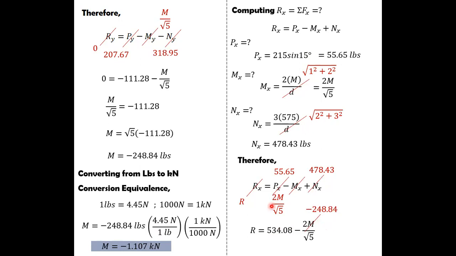So para maging consistent, this must be the value in terms of pounds. And then we will finally have the value of our resultant force, which is also in terms of pounds. Now, kung gusto nating itong i-convert sa kilonewton, same multiplier. So multiply this again by 4.45 over 1 times 1 over 1,000. So this is the value of the resultant force in terms of kilonewton.